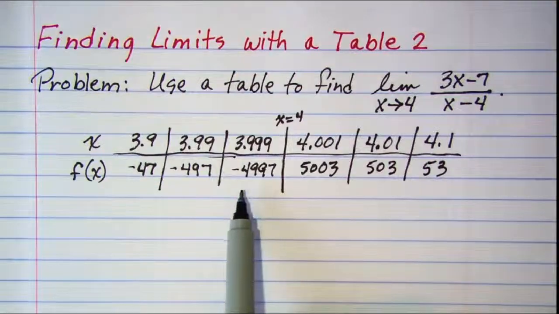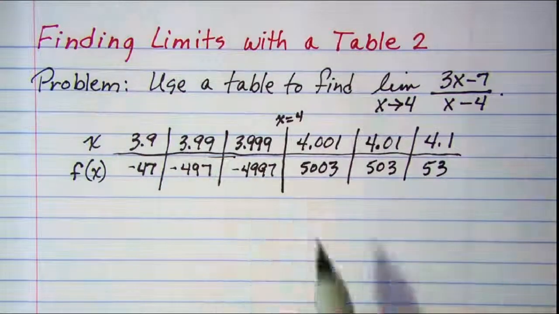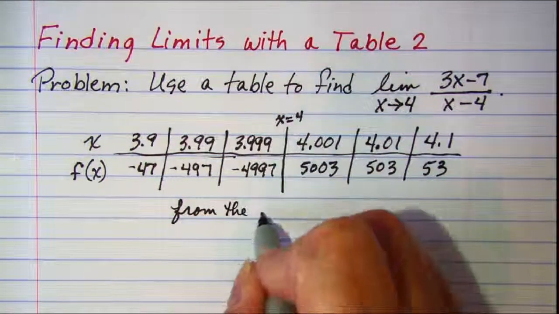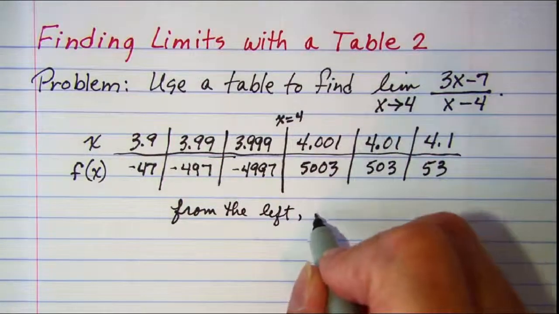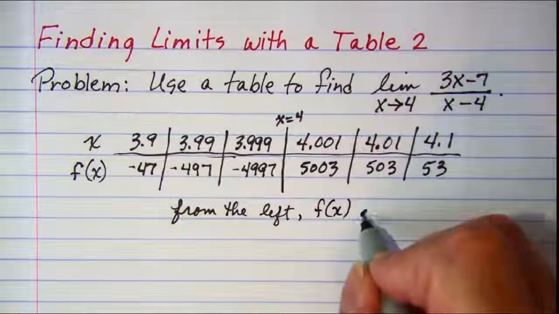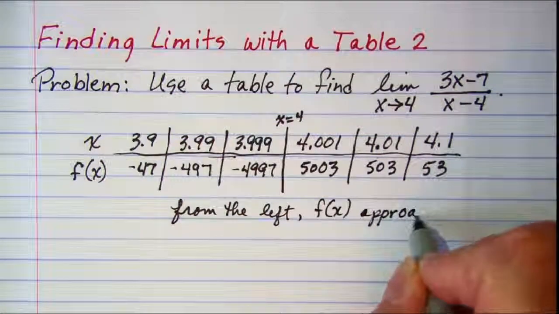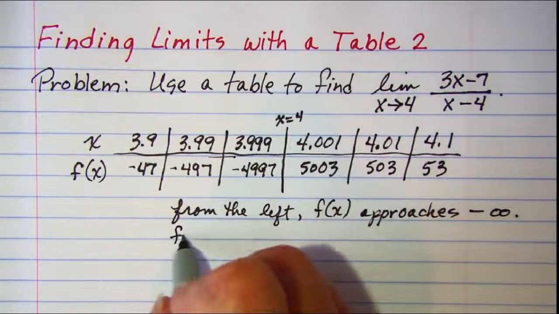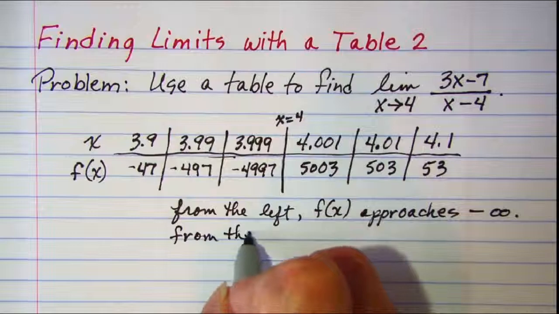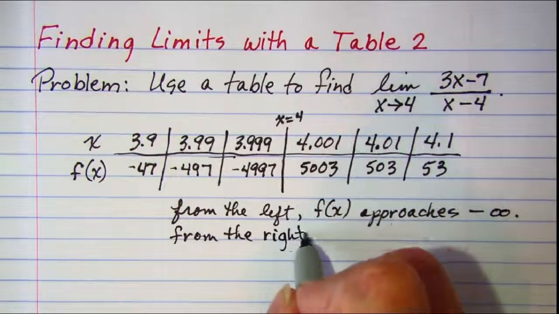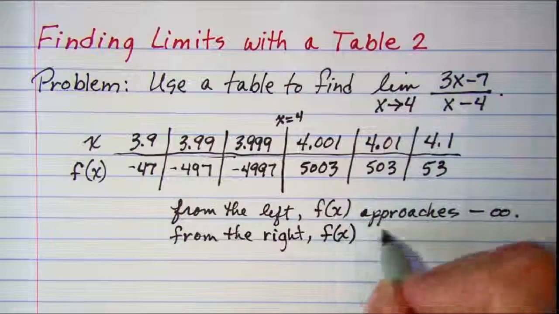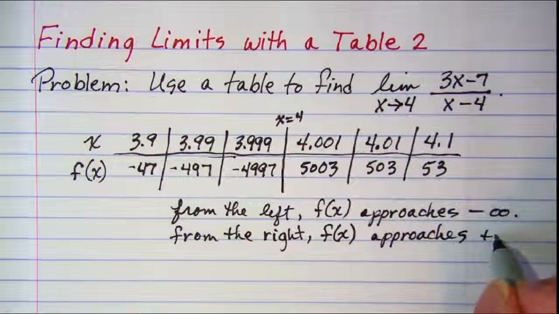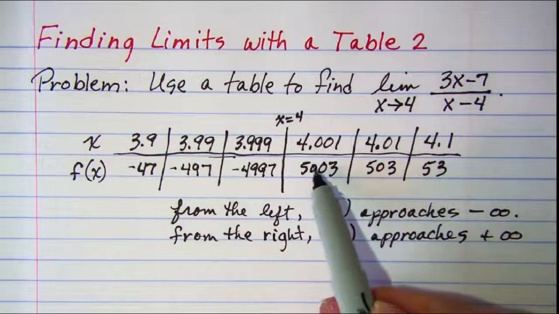So again, I'm approaching different numbers. From the left, f of x approaches negative infinity, and from the right, f of x approaches positive infinity because it's getting bigger, bigger, bigger.